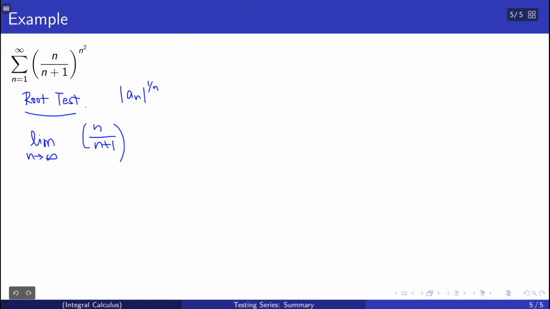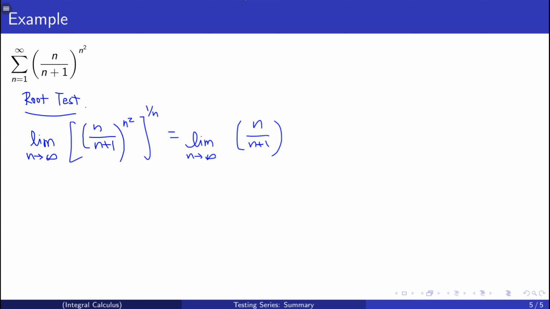But the terms here are all positive anyway, so I'm not going to write the absolute value. n squared raised to 1 over n. Aha, what do your laws of exponents tell you? This is n squared times 1 over n for your exponent, which means it's just n here. So you still have an n in the exponent.